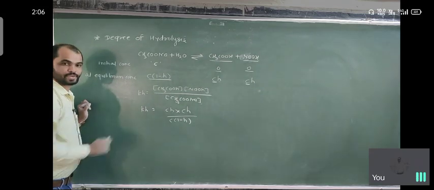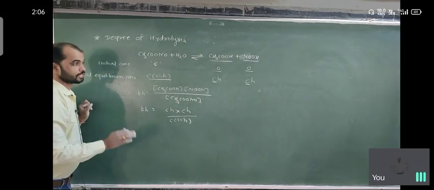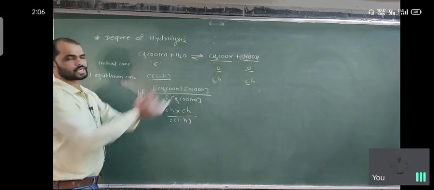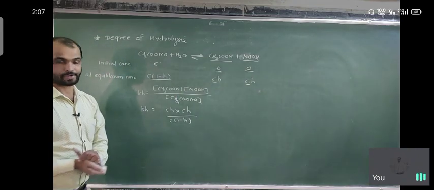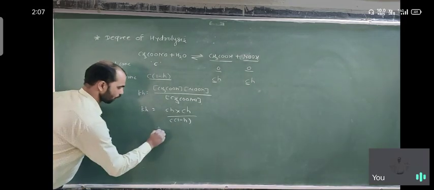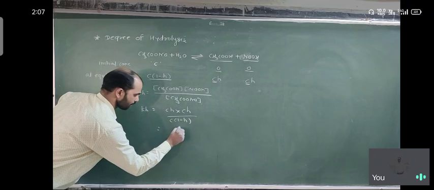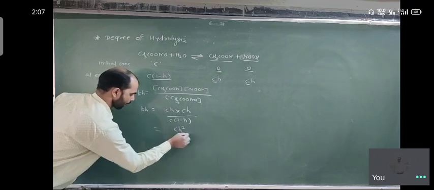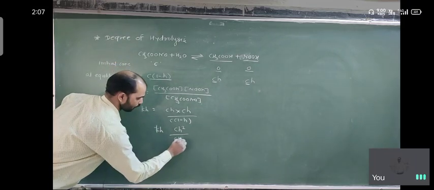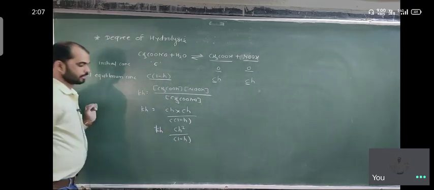Here is the degree of hydrolysis, again with the same meaning. h represents the degree of hydrolysis, means how many molecules are hydrolyzed out of the total molecules. So we get Kh is equal to C h square upon 1 minus h.